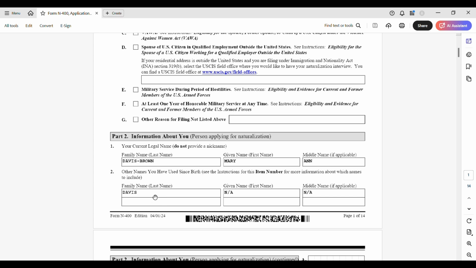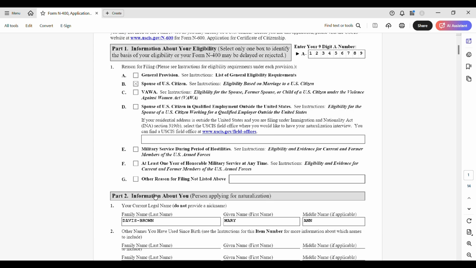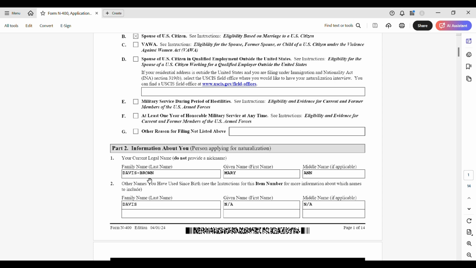So if you are a female and you were using a maiden name only prior to being married, as in this case, this person is now Davis Brown, and we're treating Davis as a maiden name and Brown as the applicant's married name.